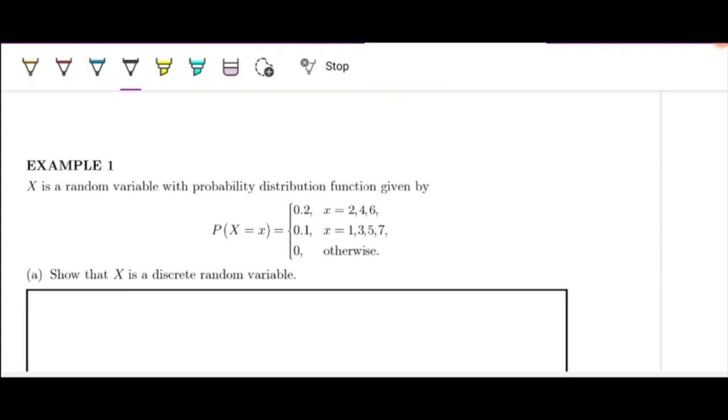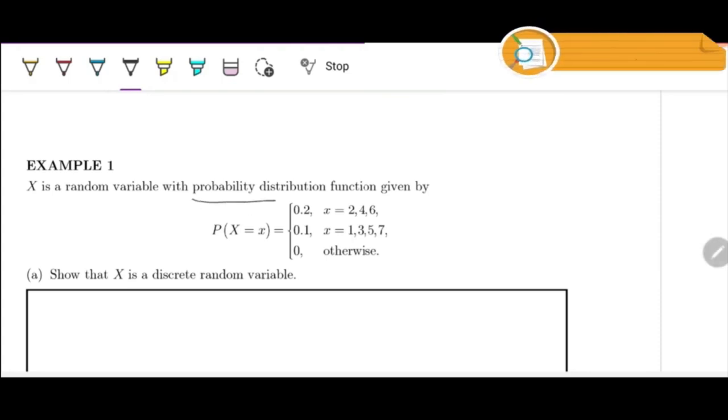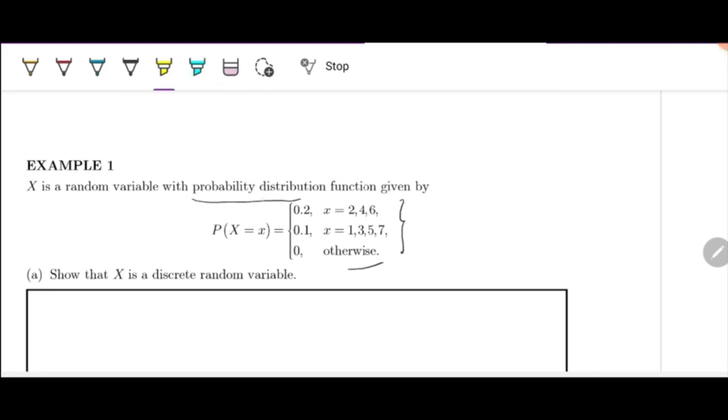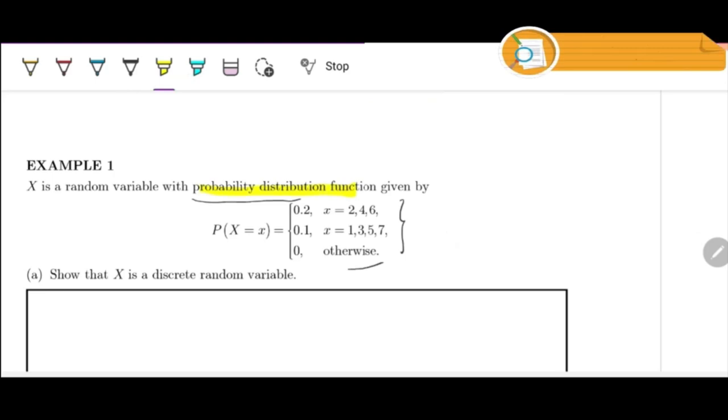Example 1. A probability distribution is given by this function. Firstly, we must identify the type of random variable, whether it is discrete or continuous. Actually, we can identify the random variable through its name. Probability distribution function is for discrete random variables.